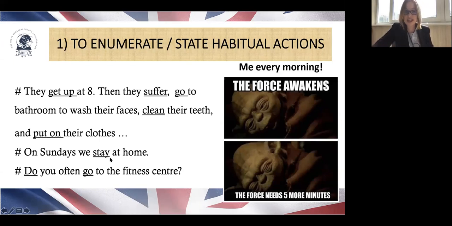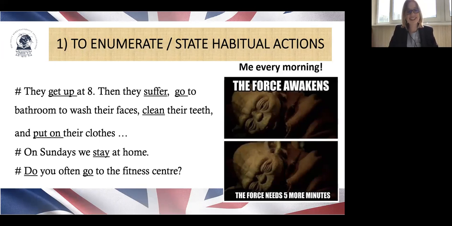In the first meaning, to enumerate and state habitual actions, we enumerate the actions and claim that they take place regularly. For example, they get up, then they suffer. My students, of course, go to the bathroom, wash their faces and clean their teeth, and then put on their clothes to take part in online classes.